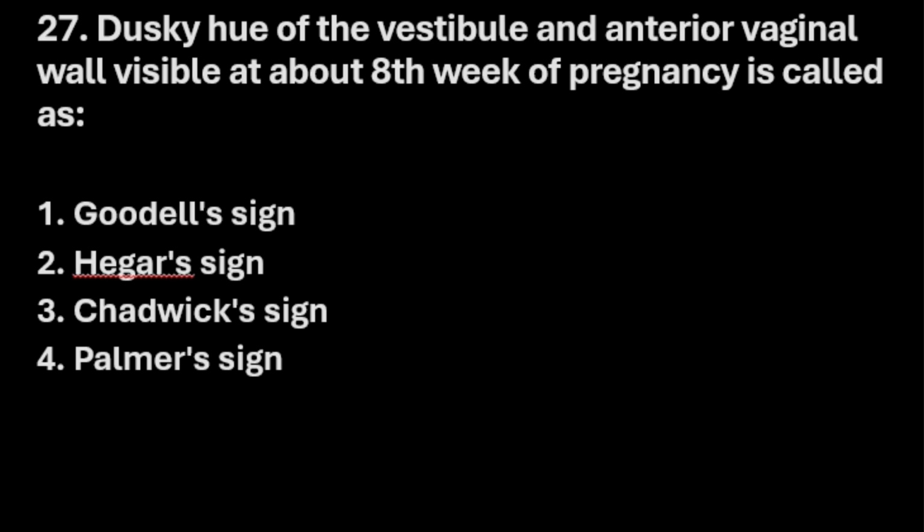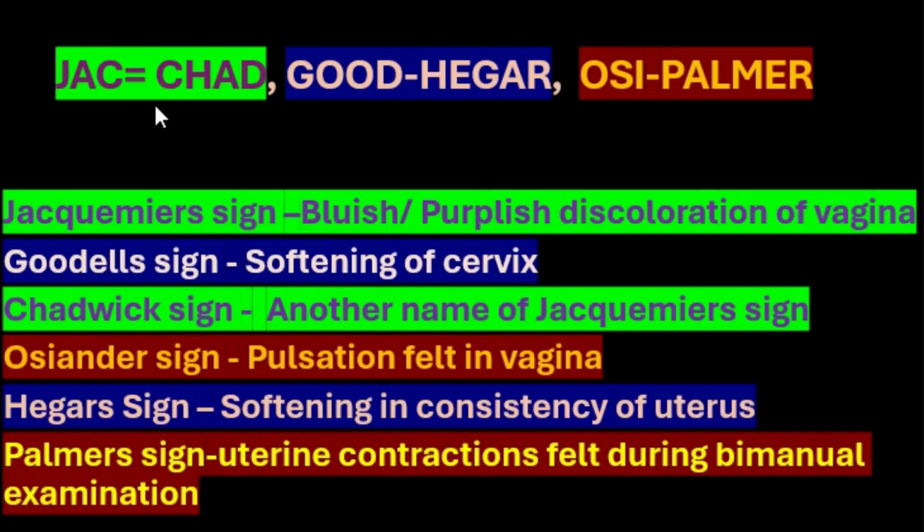The right answer is option 3 Chadwick's sign. Jack is equal to Chad, Good is equal to Hegar, Osi is similar to Palmer. So like this you have to remember this.